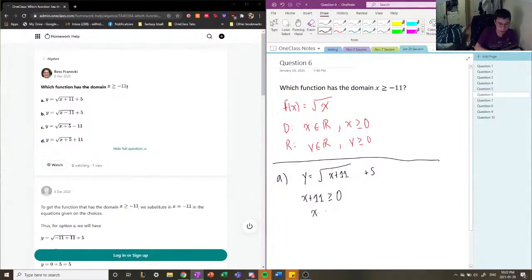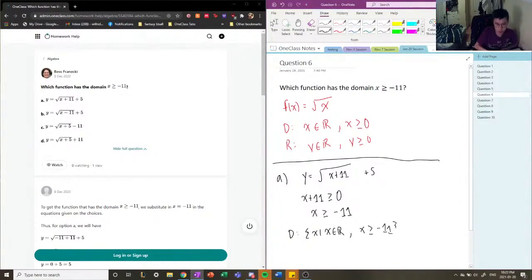Well, if we isolate for x, x is going to be greater or equal to negative 11. So this is our domain right here. By finding the values of x that satisfy this inequality, we have found our domain. Therefore, the domain of this is x such that x belongs to all real values, except that x has to be greater or equal to negative 11.